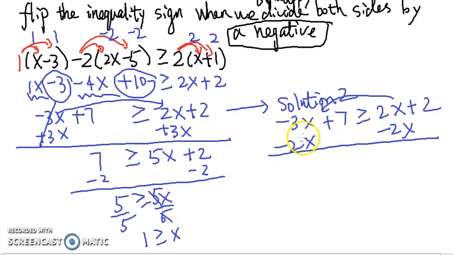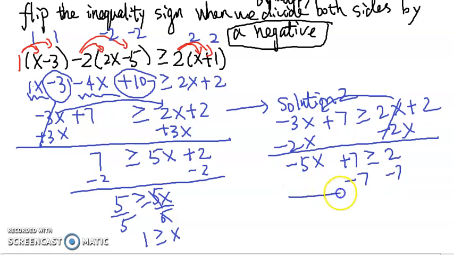If we do this, we end up with negative 5x plus 7 greater than or equal to 2. Then subtract the 7, and we get negative 5x is greater than or equal to negative 5. Here is where we have to pay attention, because in order to get rid of negative 5, we need to divide both sides by a negative number, negative 5.